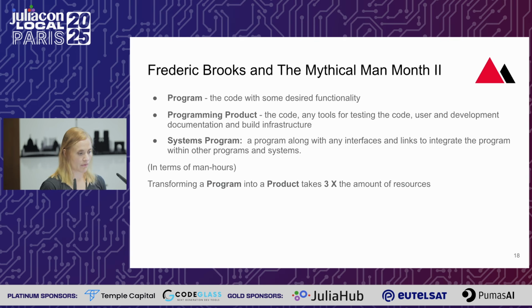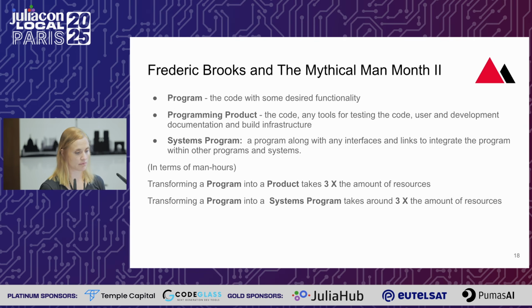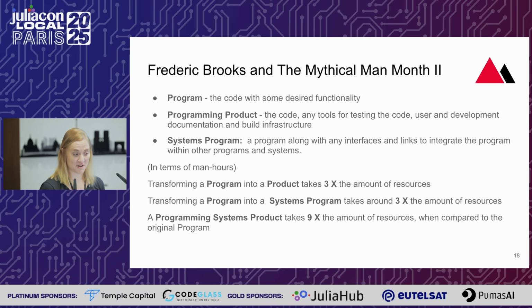So, in terms of man-hours, the estimation is that transforming a program into a product takes 3 times the amount of resources. So adding tools for testing, documentation, and build infrastructure. And then transforming a program into a systems program also takes 3 times the resources. So a programming systems product takes 9 times the resources compared to the original program.